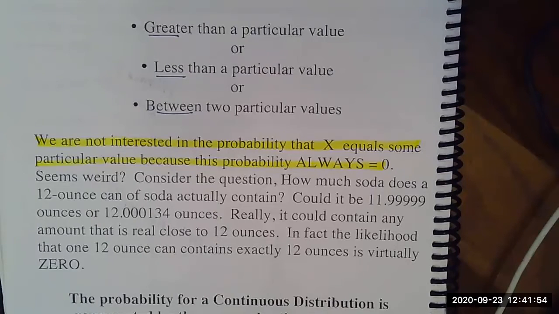So what you could do is, if you had a very precise way of measuring liquid, you could take your can of soda and tip it upside down, pour it all out, and then take a spatula, get all the liquid out, and measure it.